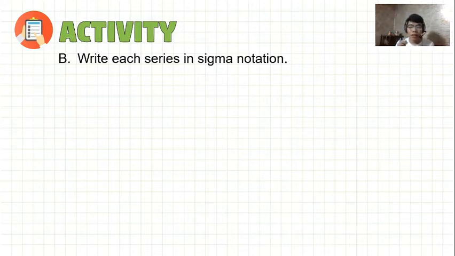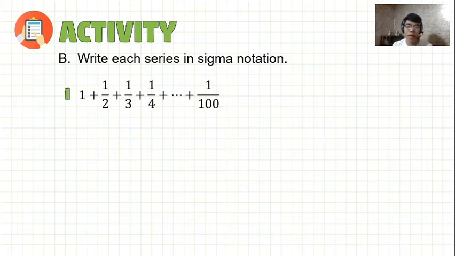Okay? So, given the series. Example, number 1, we have 1 plus 1 half plus 1 third plus 1 fourth plus until 1 over 100. So, as you can see here, we have a series. So, how are we going to write this one in sigma notation? So, we have here, okay, let me write the summation.